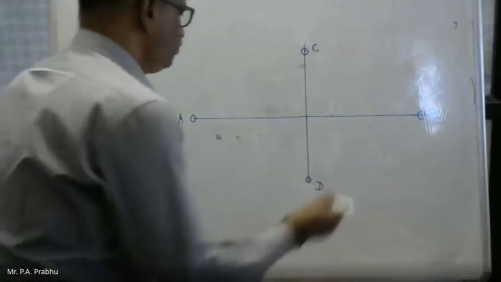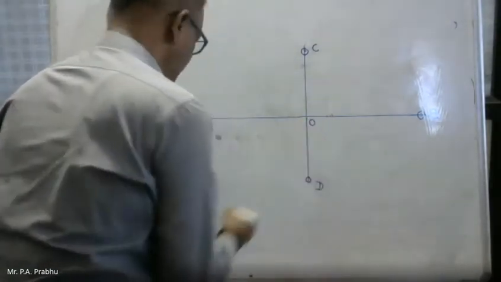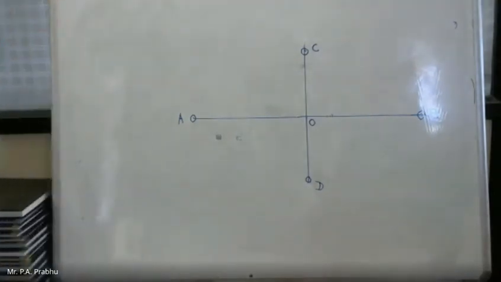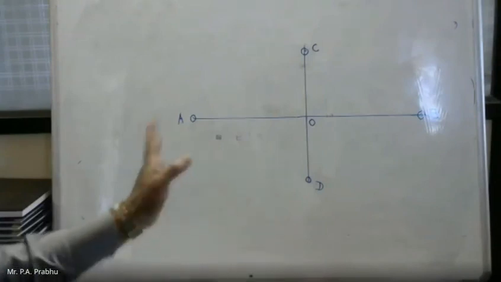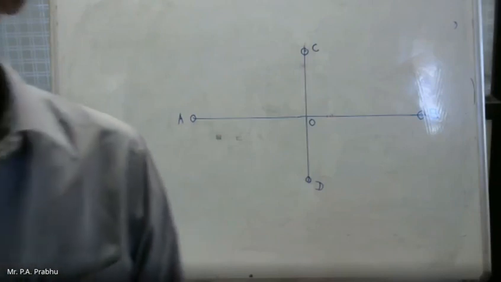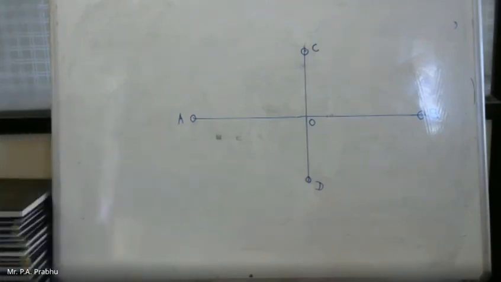Tell me how to find the points F1 and F2. Using the first property, we have to find out the foci. How to find the focus? Means F1 and F2, these are the two foci. Tell me which distance I have to take.